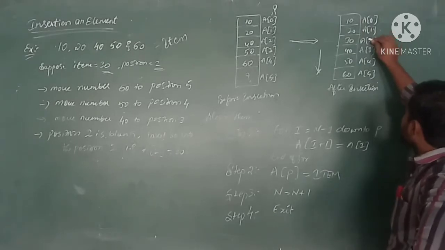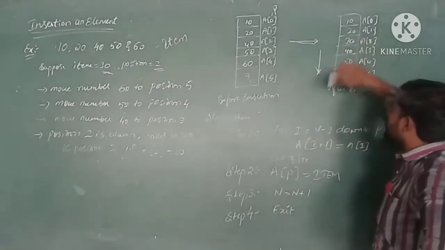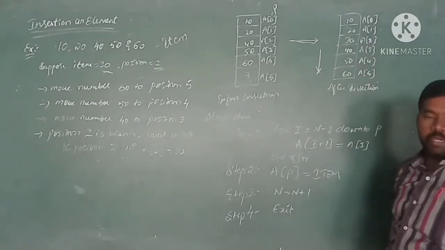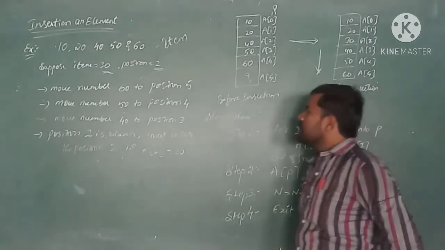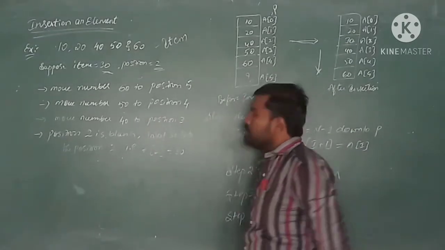So at position 2, the element 30, I am going to insert the 30 element. So this is exactly the way of inserting an element in a particular item list over here.